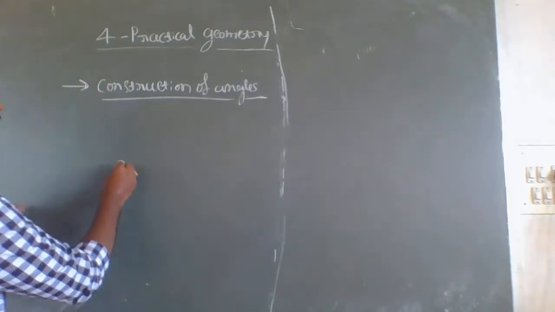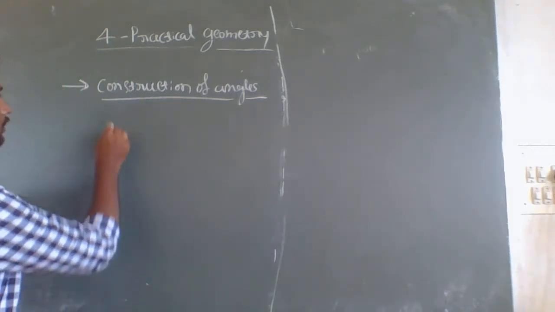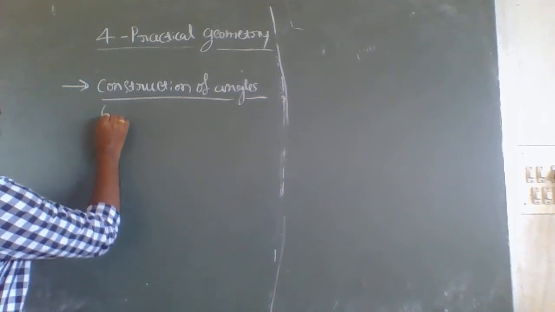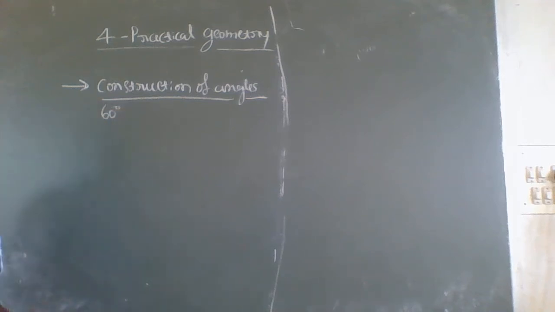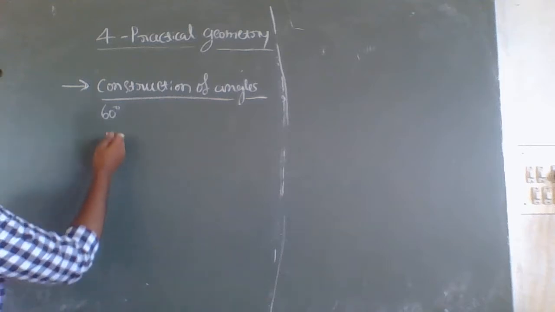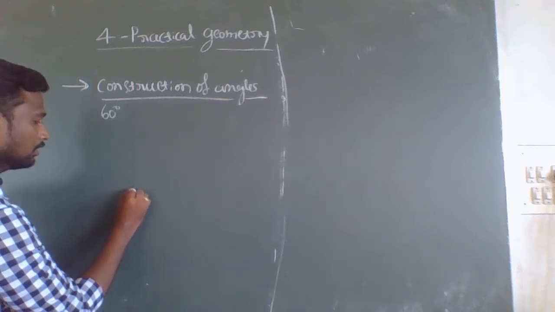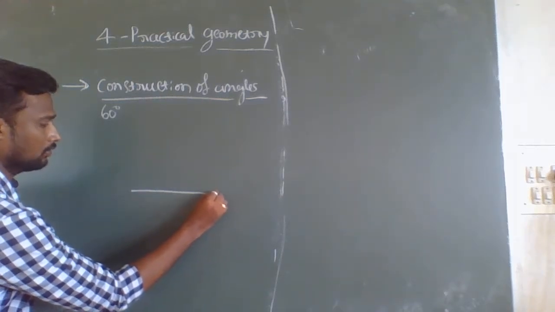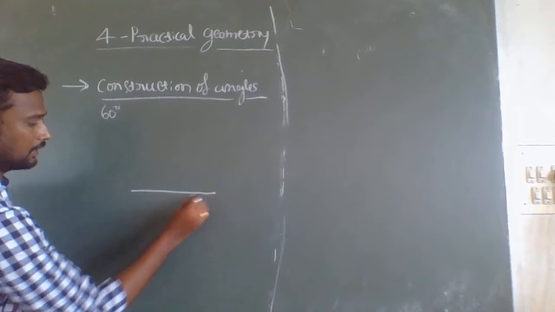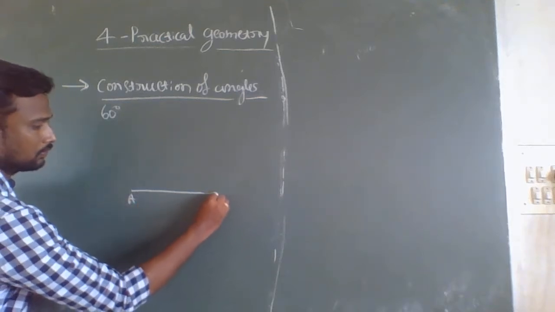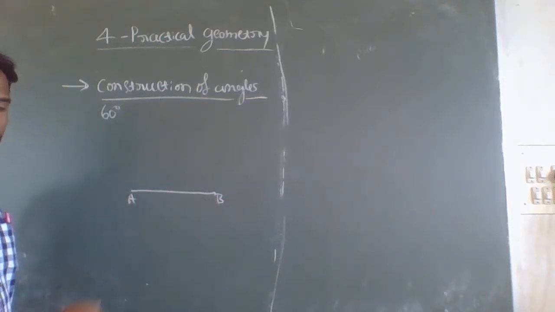First I will consider, for example, 60 degrees. To construct 60 degrees, first I will consider one line AB. So this is the line AB.